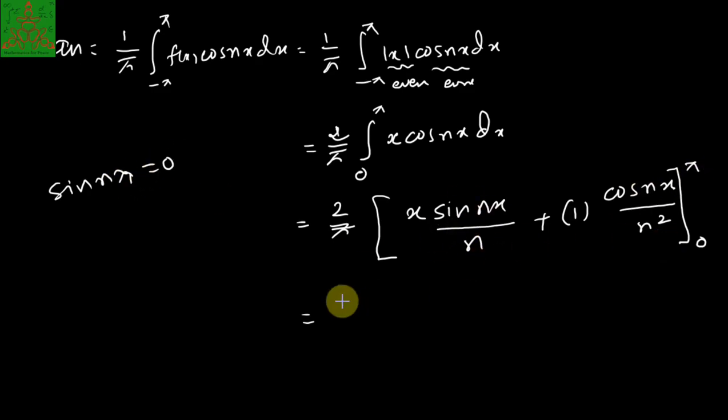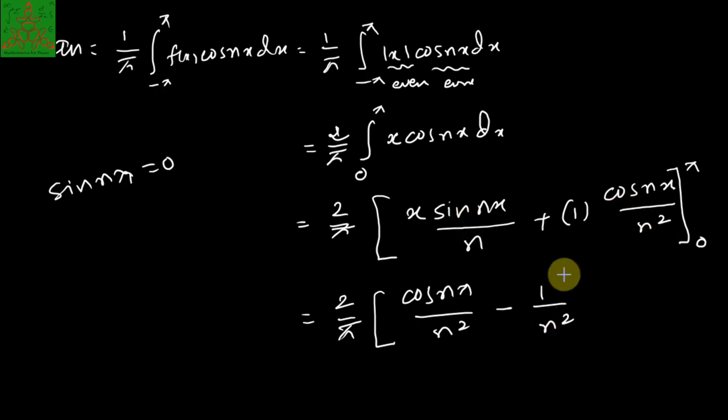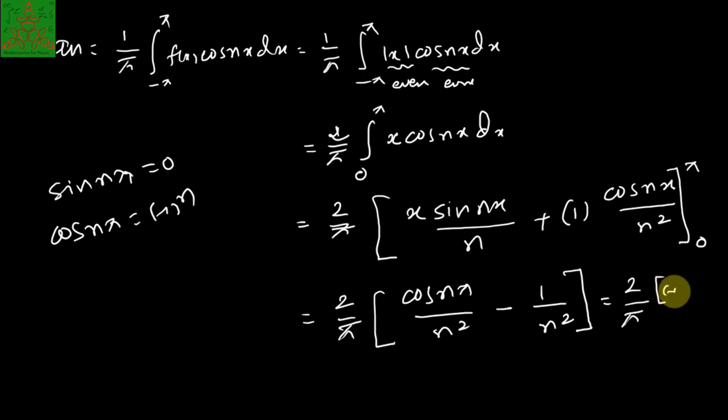If I substitute here, then we'll have cos n pi upon n square, minus 0 into anything will become 0. Here if I substitute 0, then it will have 1 upon n square. And we know that cos n pi is minus 1 raised to n. So finally the answer is 2 by pi, minus 1 raised to n minus 1, upon n square.